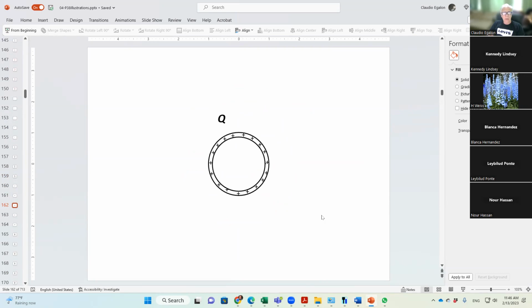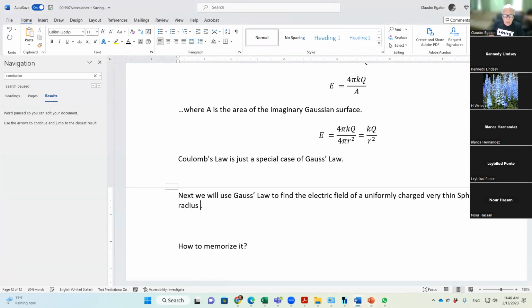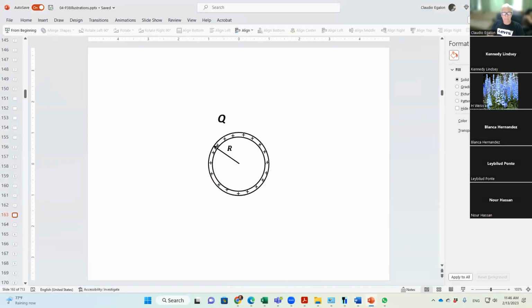The first thing is that this spherical shell has a radius R. Let me write that down: spherical shell of radius R and charge Q.